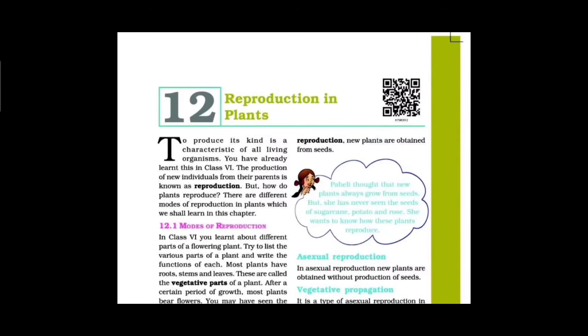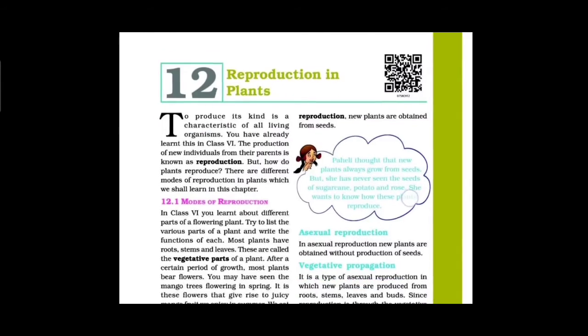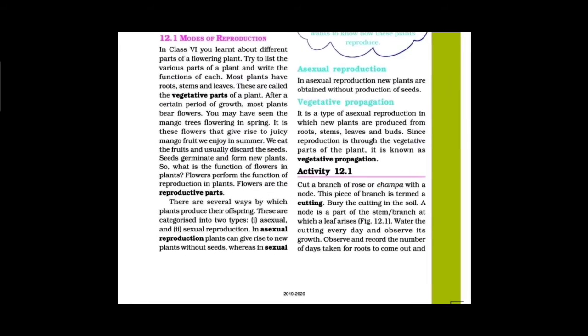Then reproduction is categorized into two types. What are they? Asexual and sexual reproduction. In asexual reproduction, plants can give rise to new plants without seed.